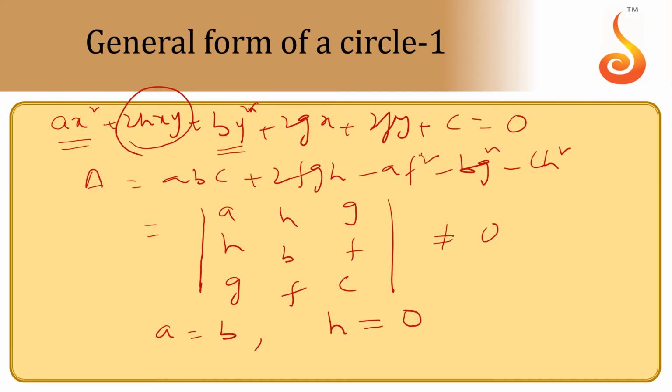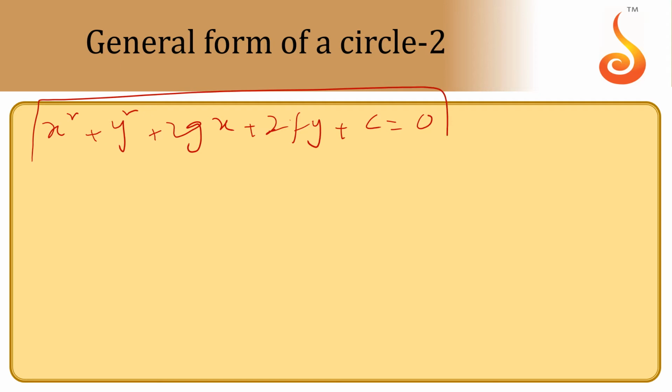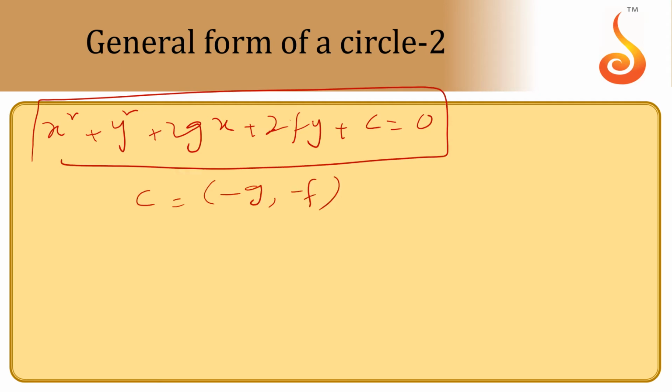So by observing these things, we write the general equation of the circle as x square plus y square plus 2gx plus 2fy plus c equal to 0, with center minus g comma minus f and radius square root of g square plus f square minus c.